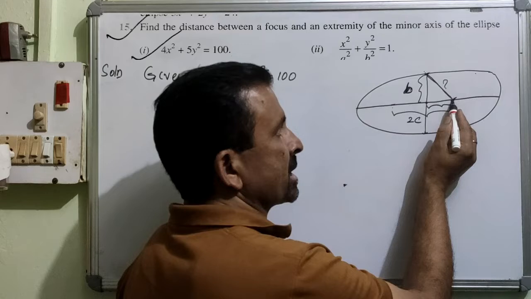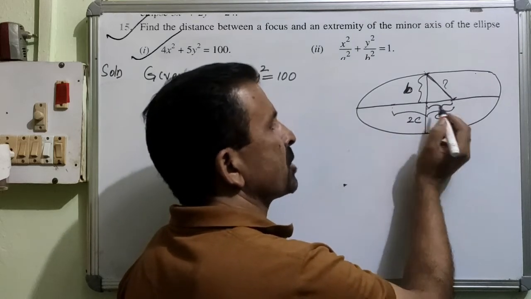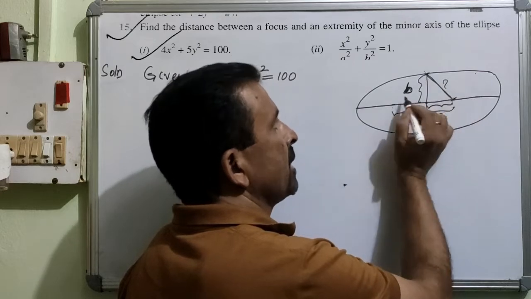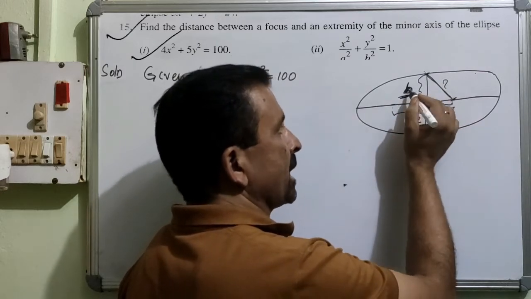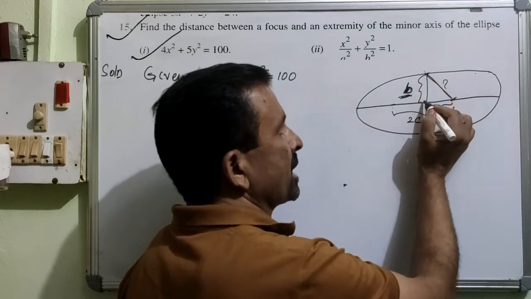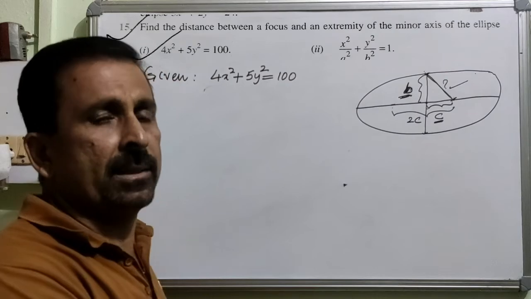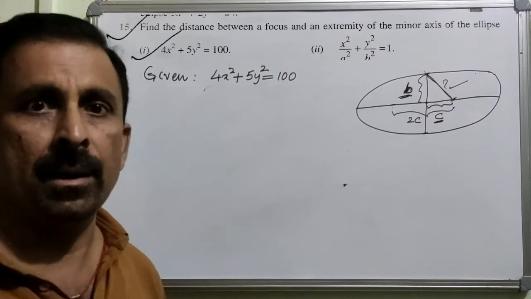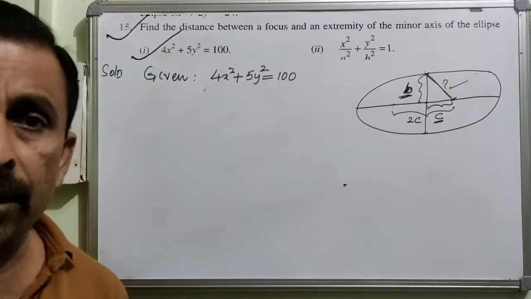That means if this total distance is 2c, half of this distance will be equal to c only. So to find the length of this one, we need the length of b and the length of c, and after getting b and c, we can use the Pythagoras theorem and find the distance between the focus and the extreme end of the minor axis. Hope I made it very clear, no?